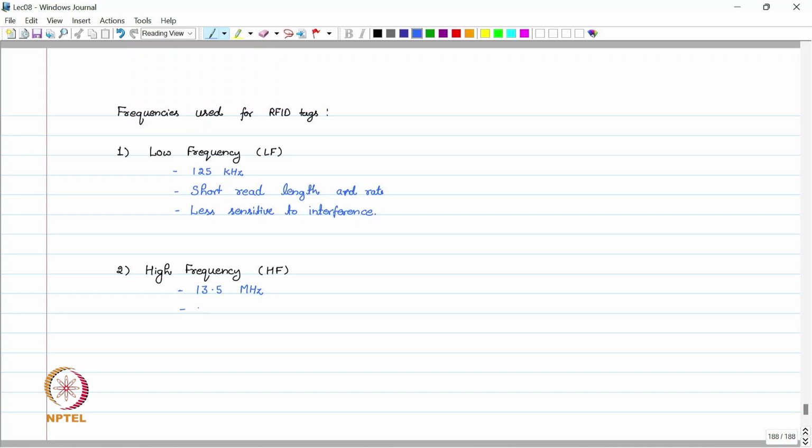They have higher read range and rate than LF.